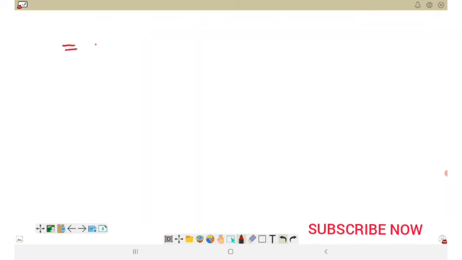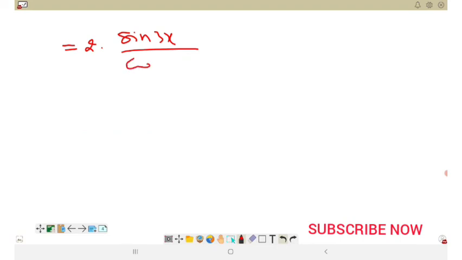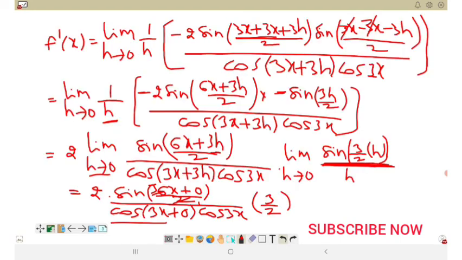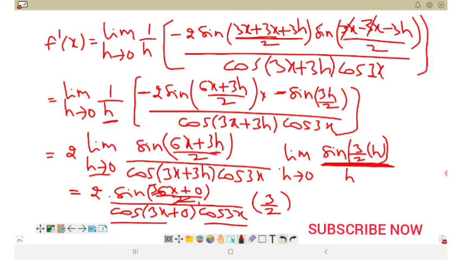So 2 into sin 3x by cos 3x into 1 by cos 3x into 3 by 2.